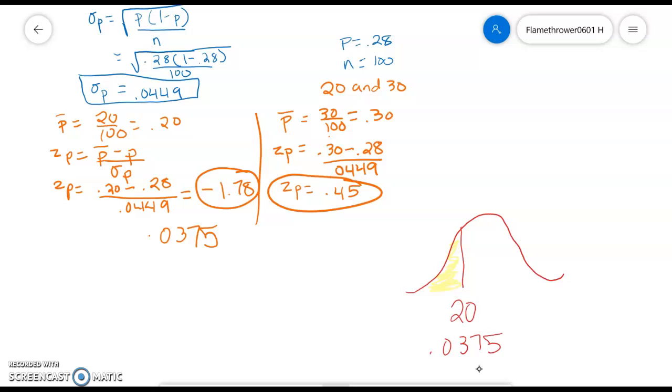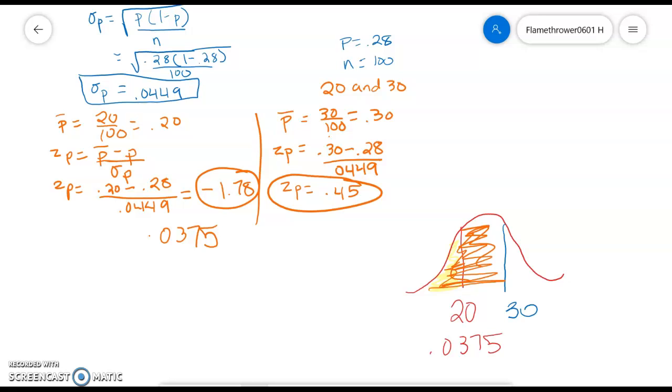Okay, but we are not wanting to know 20 or fewer, but we need that information because now we need to look up our 30 or fewer, and that's going to give us the area all the way up to the 30. So it's going to include that yellow too. So how will we find that area for 30 or fewer?